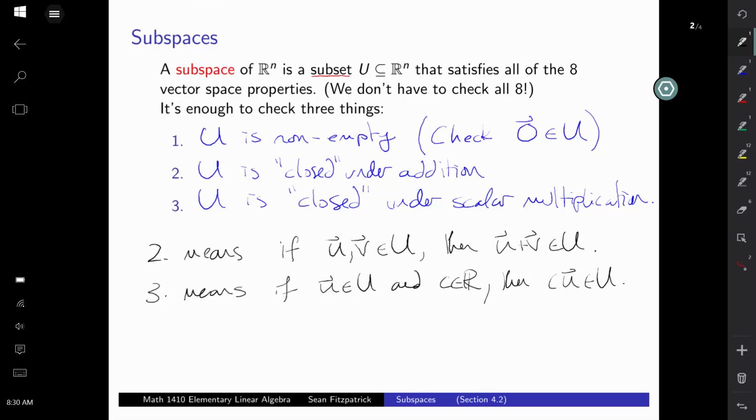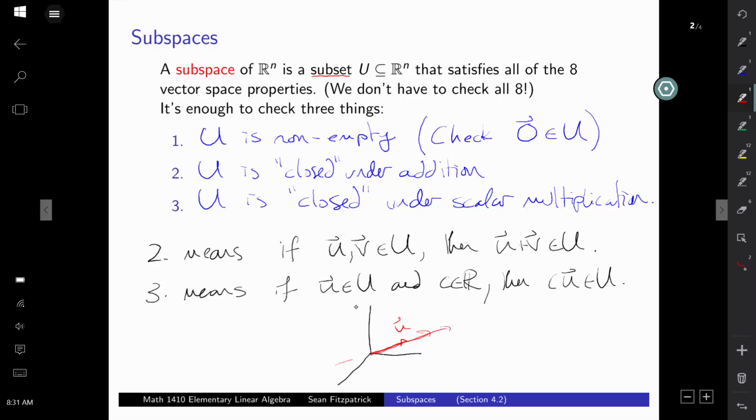One of the things that tells you, just think about the three-dimensional picture. If you have one vector that's in there, say your u, then every scalar multiple of u has to be in there. So we can multiply by positive scalars and get other vectors in this direction.